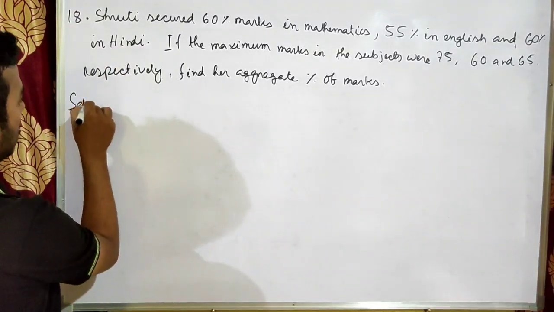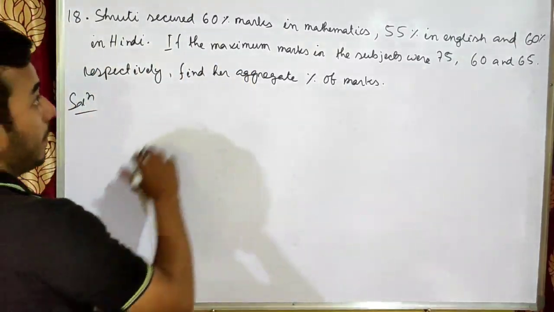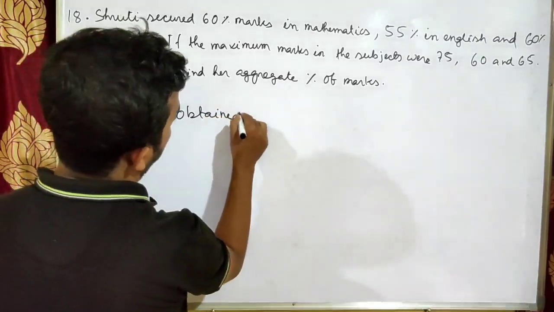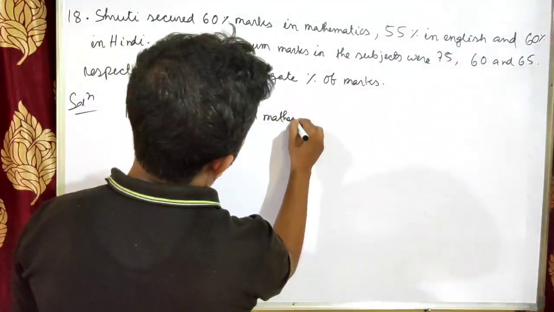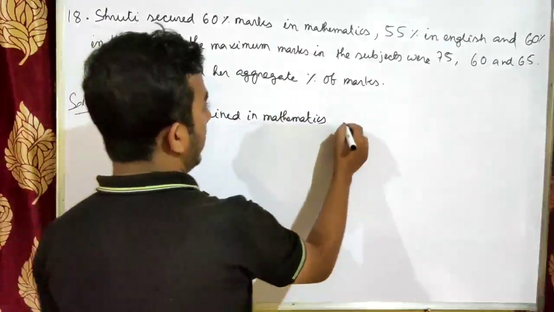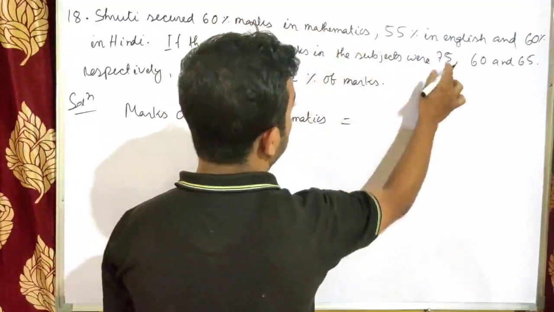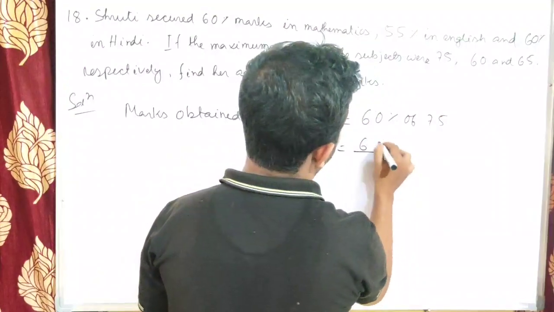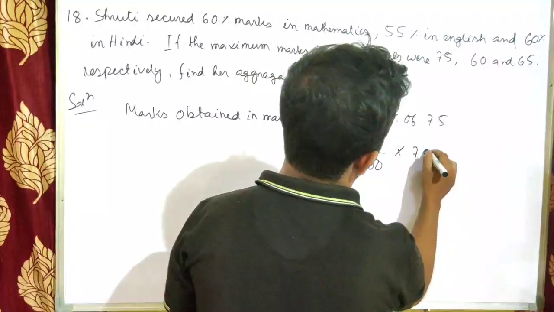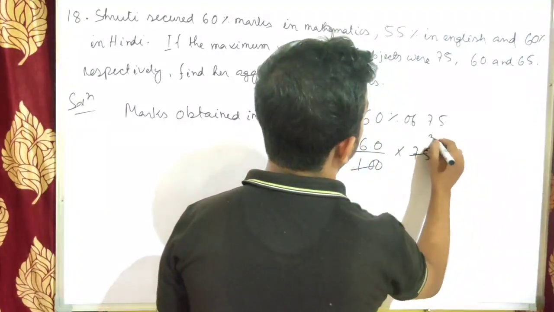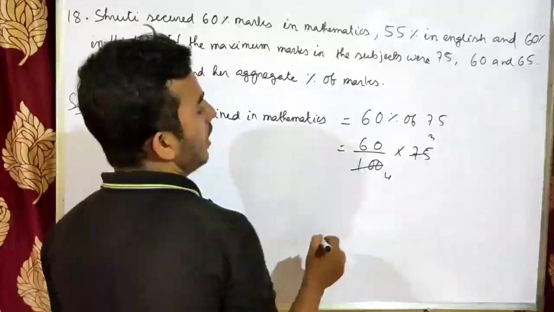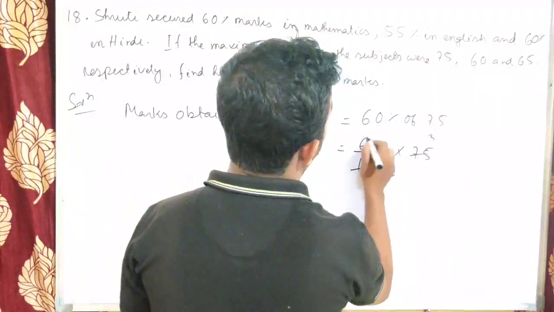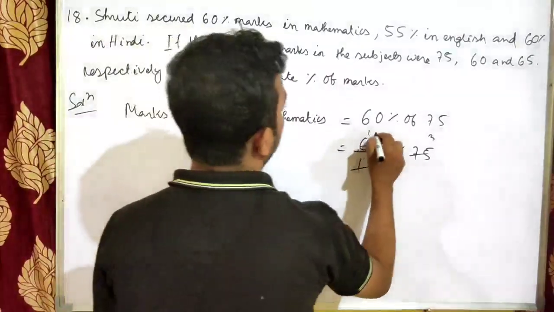Let's start. Marks obtained in mathematics is how much? 60% of 75. 60% means 60 by 100 into 75. 75, 25, 30, 25, 40. 4 10s are 40, 4 1s are 4, then 2 0 4 5 0.